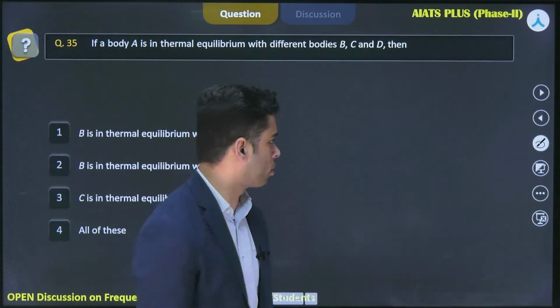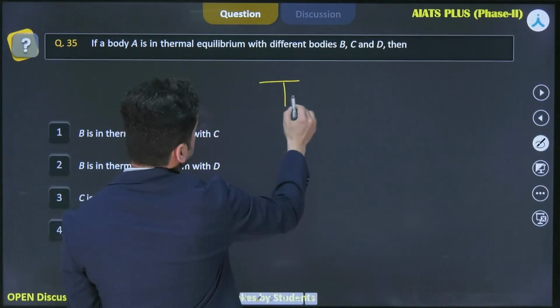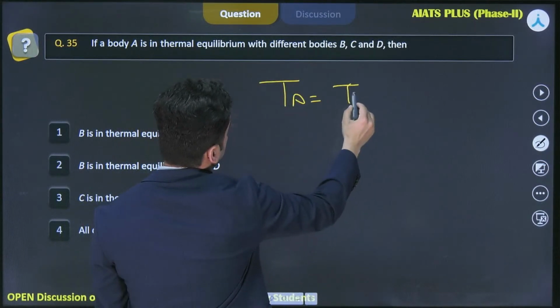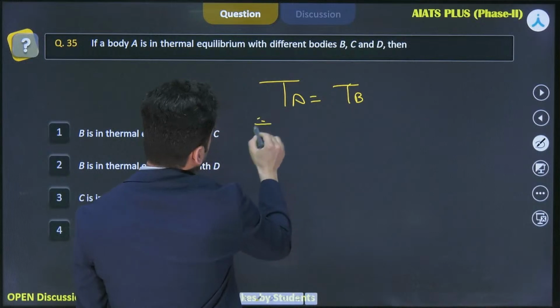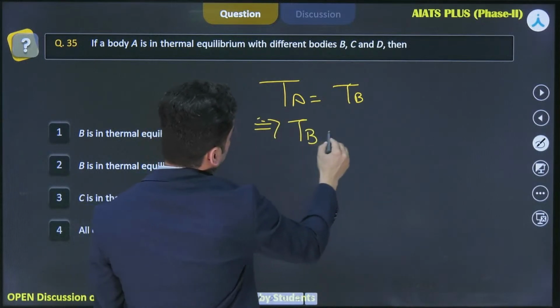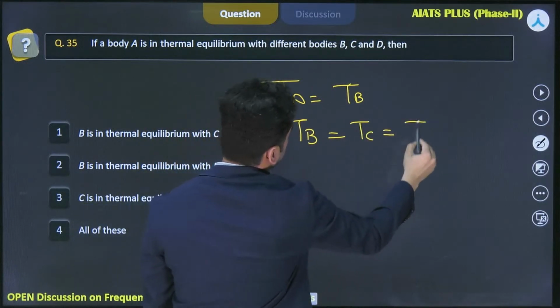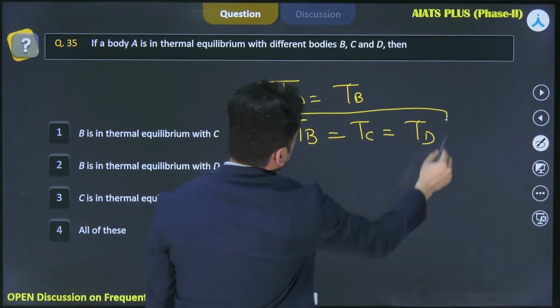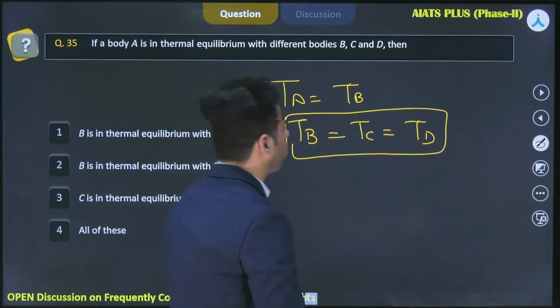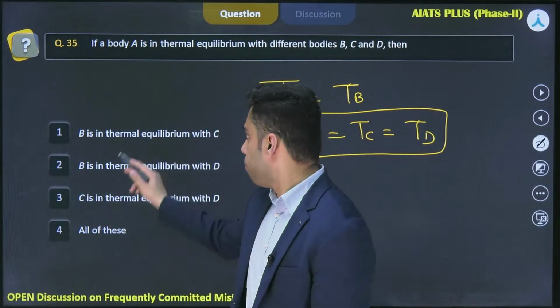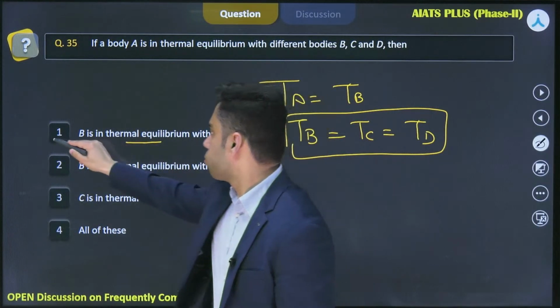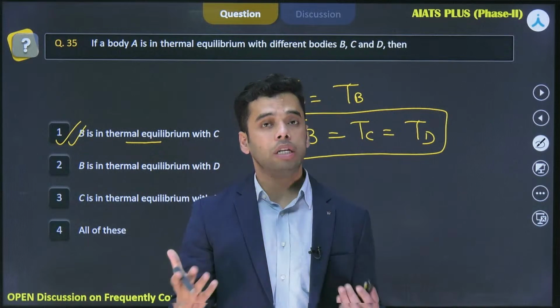Now let's go through the options. According to our analysis, TB was coming out to be equal to TC equal to TD. Now, B is in thermal equilibrium with body C. Yes, this one is correct because TB was equal to TC.